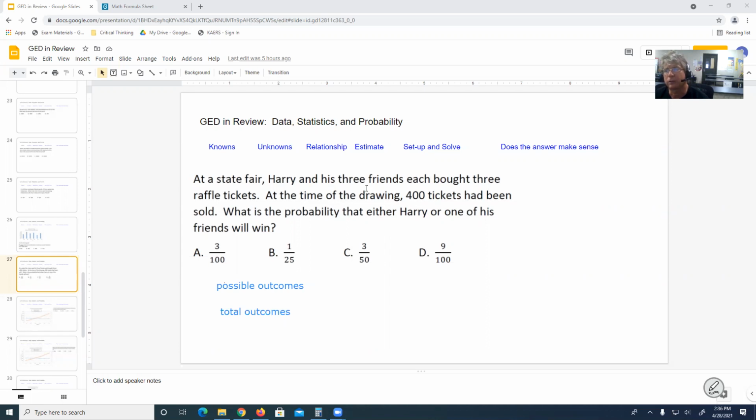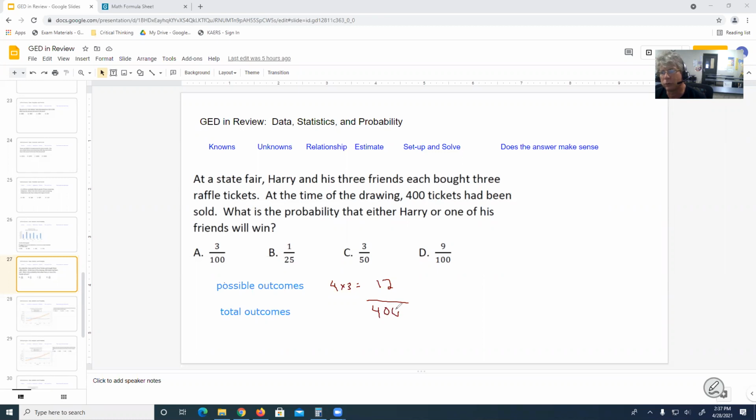Well, based on the question, there's 4 people and they bought 3 tickets. So 4 times 3, that's going to give me, 4 friends and 3 tickets. That's going to give me this. They have 12 possible chances to win. Over all the chances would be like 400.